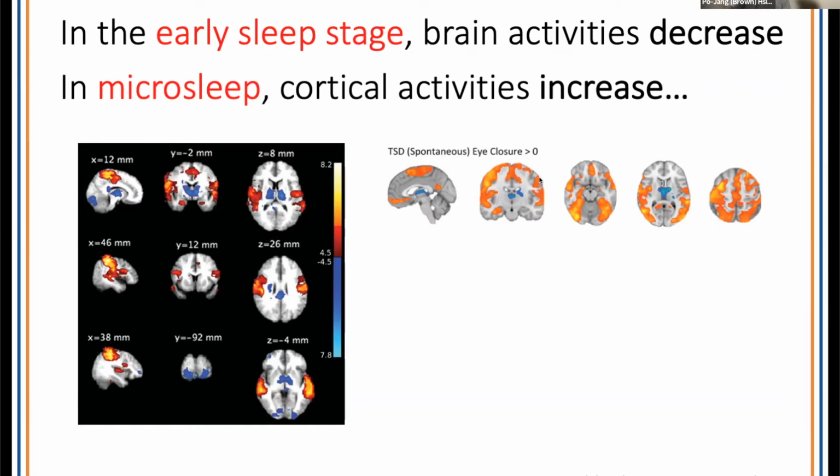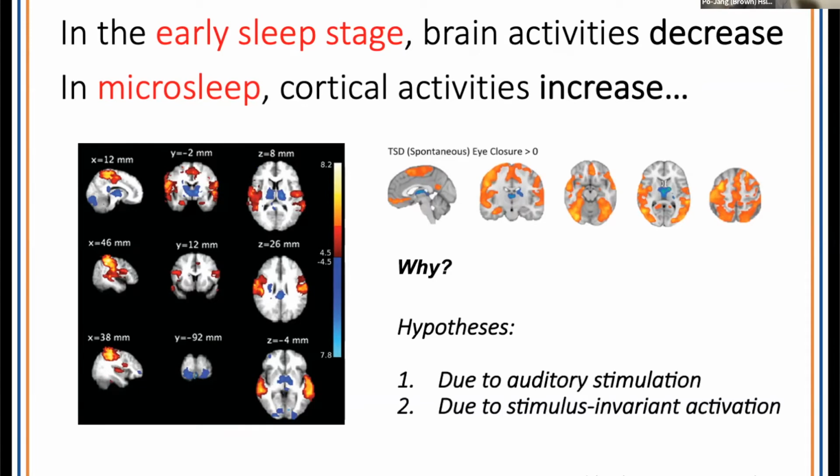So we're interested in knowing why this is the case. We actually came up with two hypotheses. The first hypothesis is that during microsleep, this brain activation across the brain could be, for example, due to auditory stimulation. Maybe when you enter this microsleep, you are still processing auditory information, and this information is processed and sent across the whole brain, and that's why you see the whole brain activation like that.